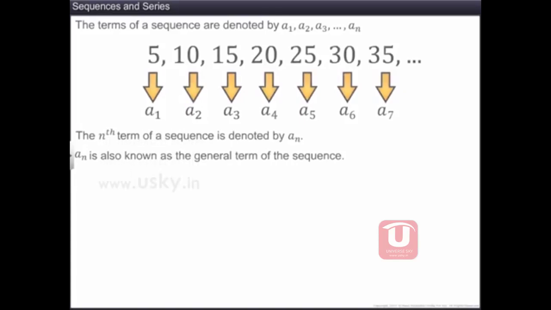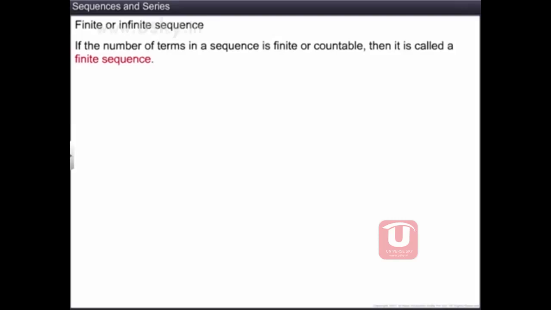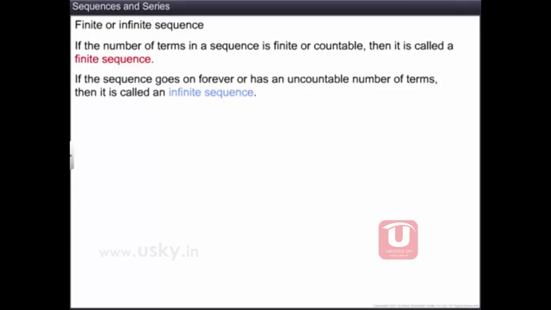A sequence is finite or infinite, depending upon the number of terms in it. If the number of terms in a sequence is finite or countable, then it is called a finite sequence. And if the sequence goes on forever or has an uncountable number of terms, then it is called an infinite sequence.